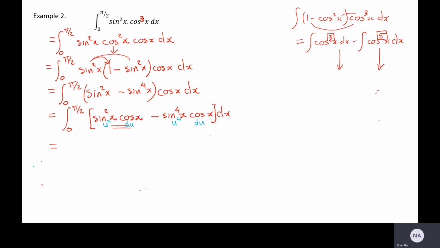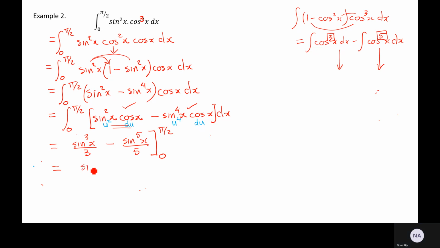Integrate sine squared of x, u squared, add 1, u to the power 3 over 3. What is u? Sine cubed x, divided by 3 for that one, minus, what would this give you? Integrate that. u to the power, add 1, 5 over 5. What is u? Sine to the power of 5, x over 5. And this is a definite integral going from 0 to pi over 2. And we know what to do in this case.